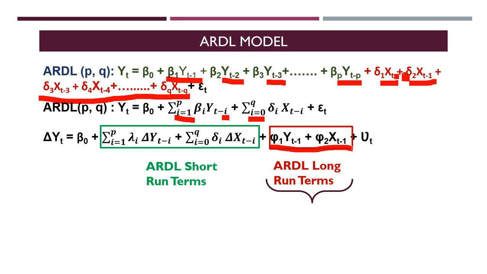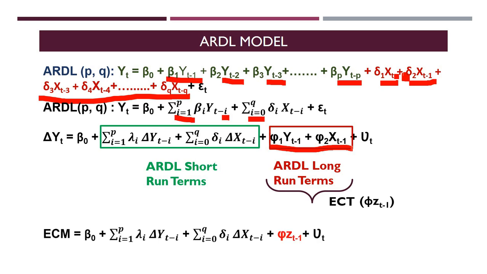So whenever there is a deviation, we are going to find the error correction term. And this error correction term we are going to name phi z t minus 1. If I write the same equation, you will see I have written the same equation.